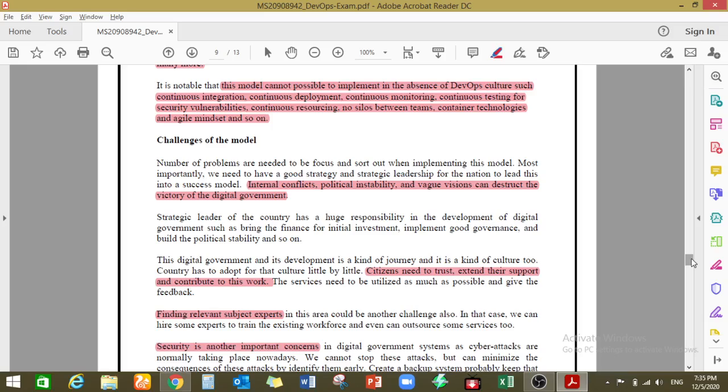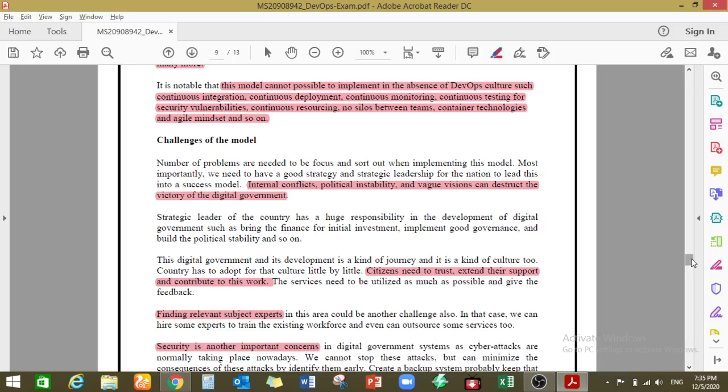As I mentioned earlier, the digital government and its development is a kind of journey, and it's a kind of culture too. As a country, we have to adopt that culture little by little. Citizens, importantly, need to trust the system, support the system, and contribute to that system.